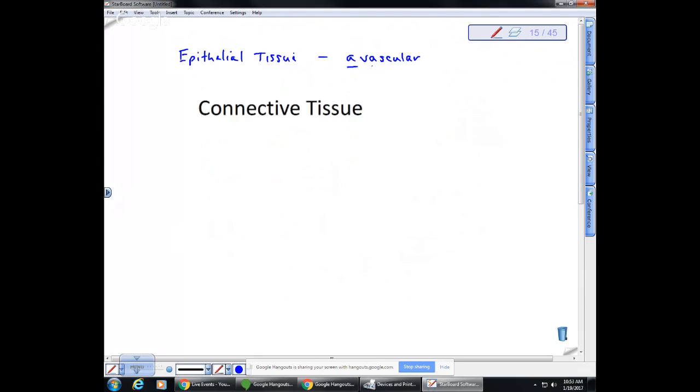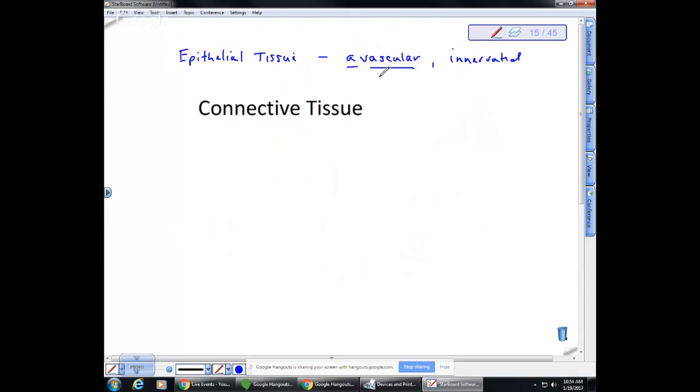A means without, vascular means blood vessels. It's avascular, but it is innervated. That means that there are nerves that run in the epithelial tissue. An example would be the skin, which can detect touch, for example. So that would be an example of innervation.